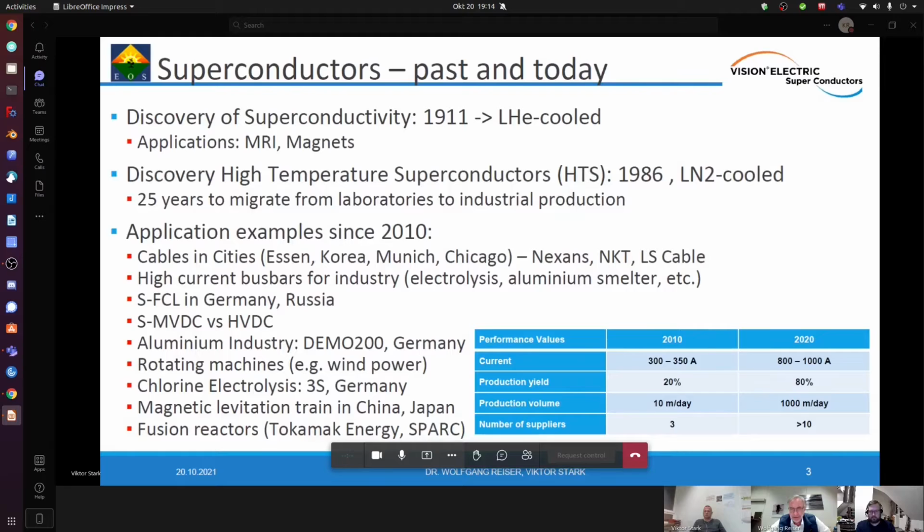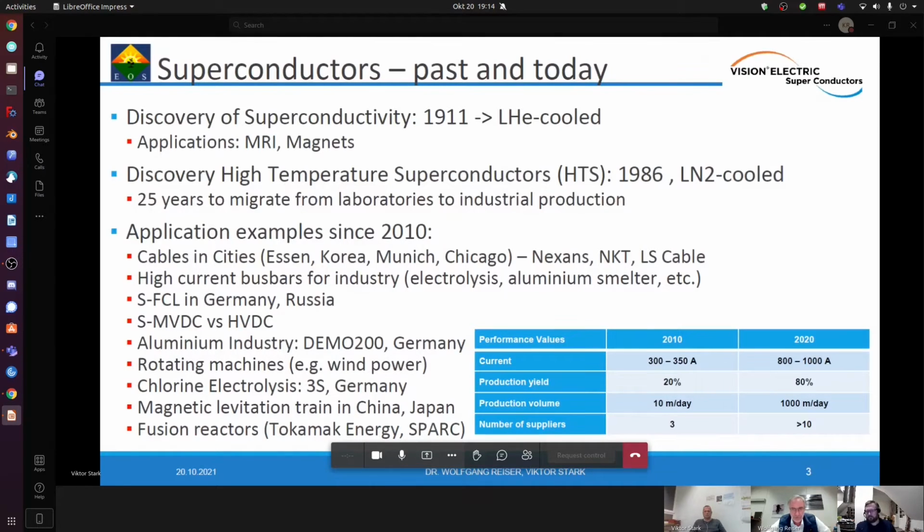That means we will see more and more superconductors in development that are carrying a lot of current and that are going to be more cost efficient. So this trend is going on, definitely. So we're just at the beginning. Great. We are at the beginning of a tremendous development.